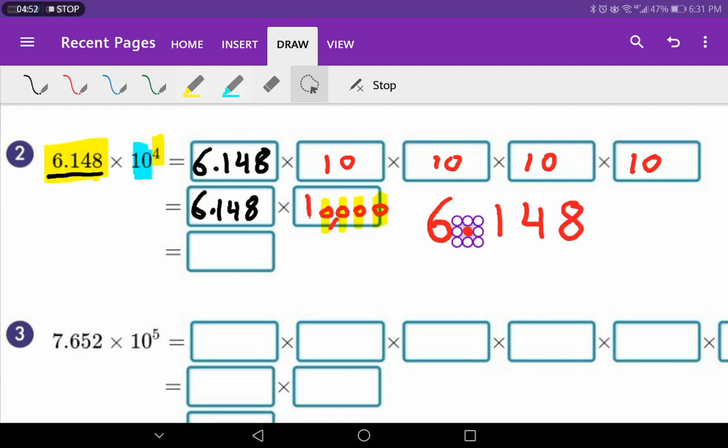But here I have only 1, 2, 3 steps. So I will draw one more place and write 0 from my pocket. Now I can move the decimal point 1, 2, 3, and 4 steps.